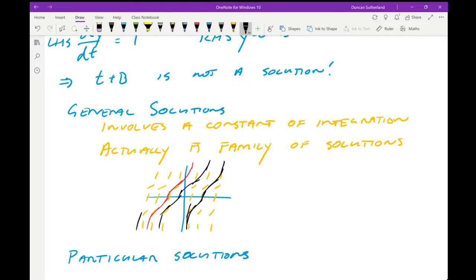All of these different lines are our family, our general solution, and they're distinguished by a constant of integration. So if we say, well, we start here, that's going to identify our particular solution.